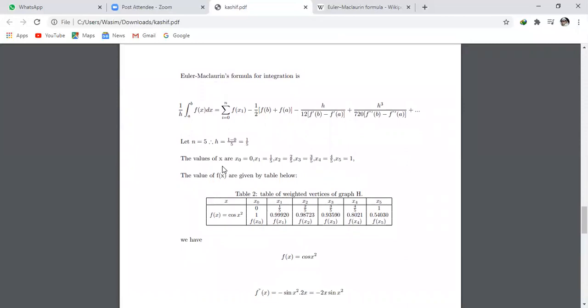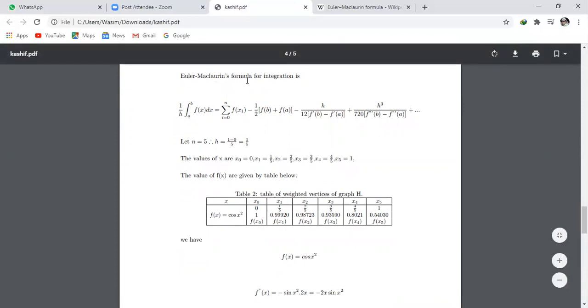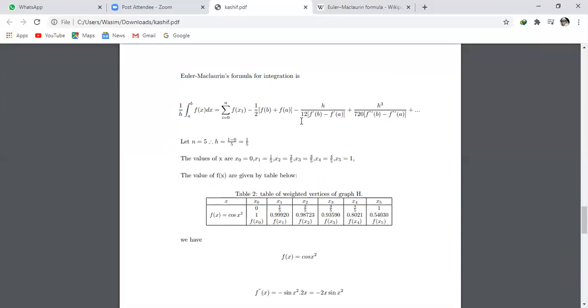Now we continue with the Euler-Maclaurin formula for integration. The integral of f of x dx, where f of x is cos x square, is equal to h times the summation of f of xi, minus half of f of b plus f of a, and minus h by 12 times the first derivative term f prime of b minus f prime of a, and so on.